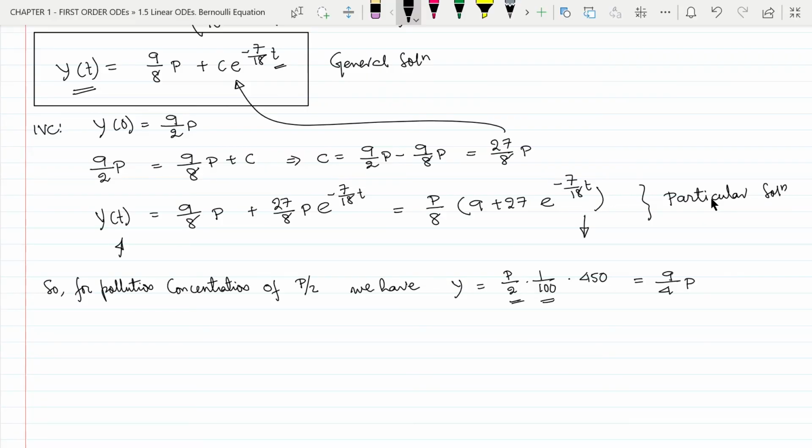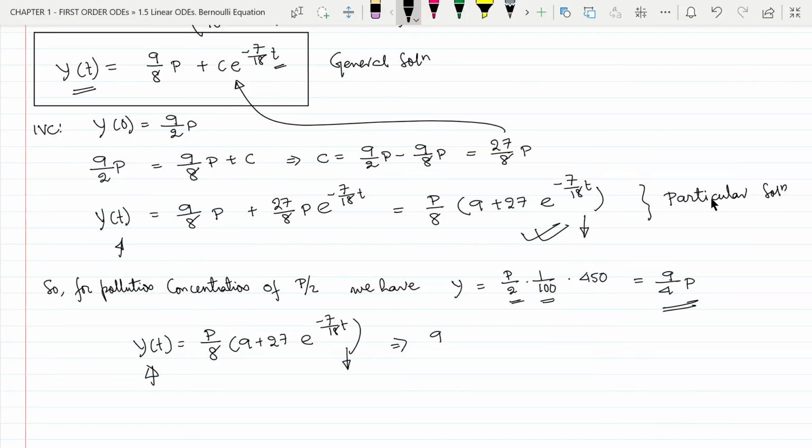So now we have the particular solution, which is y of t equal to p by 8 into 9 plus 27 e to the power minus 7 by 18t from here. In this equation, we can put the value of y of t, that is this one, to get the corresponding time, that is the time taken to reach that pollution concentration.